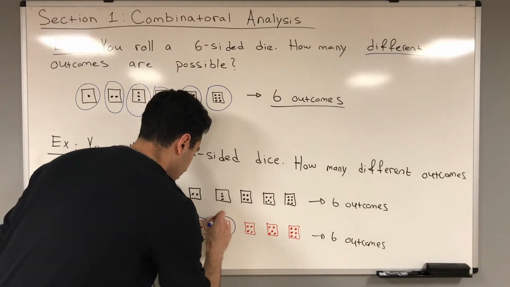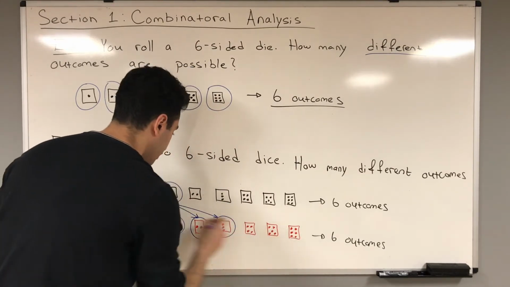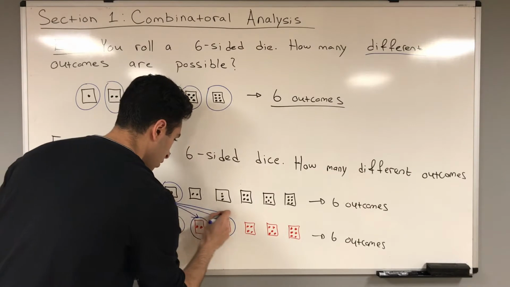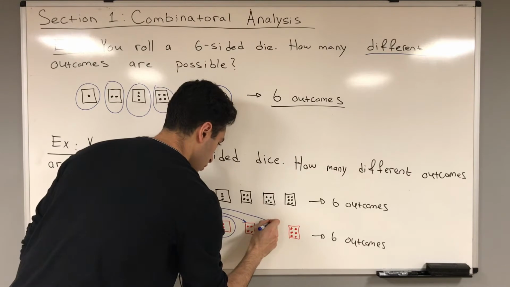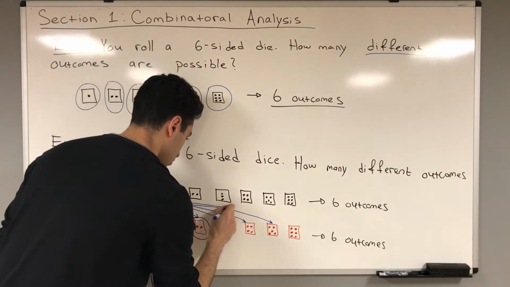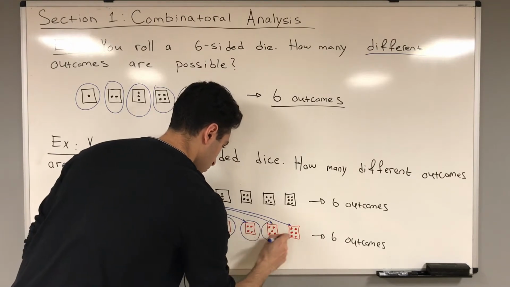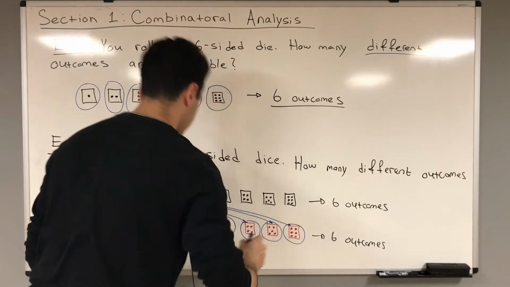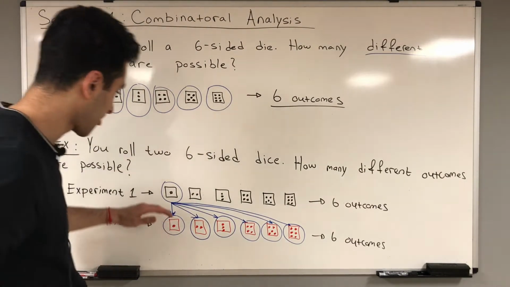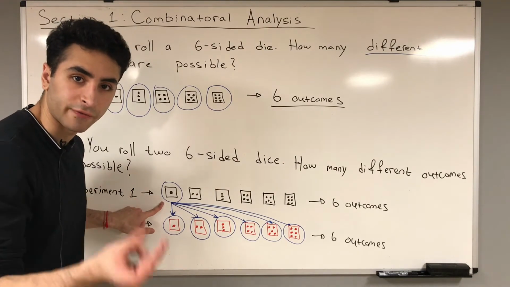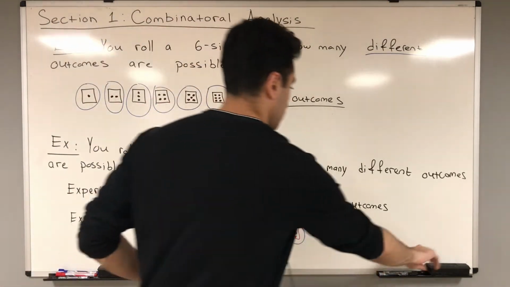And if you notice the pattern, eventually the 1 will reach all of these outcomes on the second die, if I draw the arrows correctly here. And the last one. So notice something. When I roll a 1 on my first die, I can get a 1 on my second die.